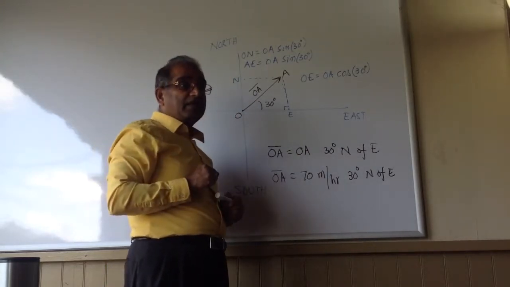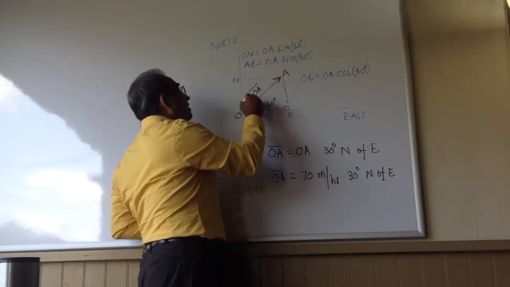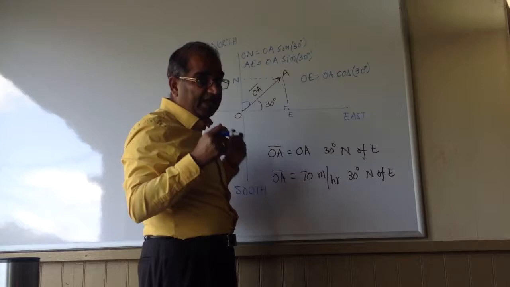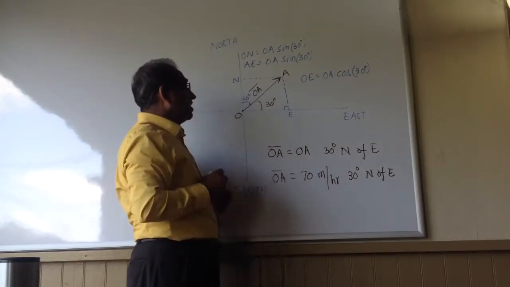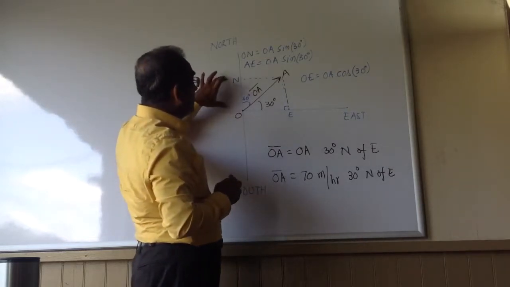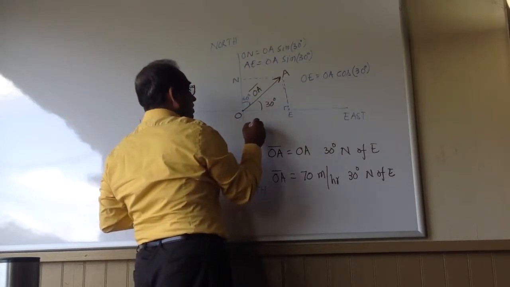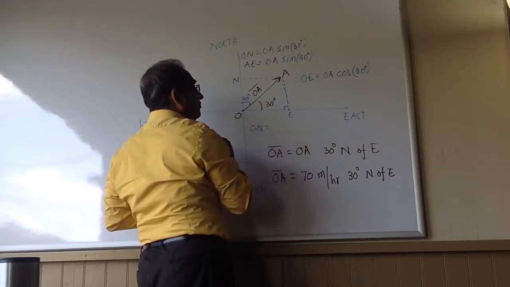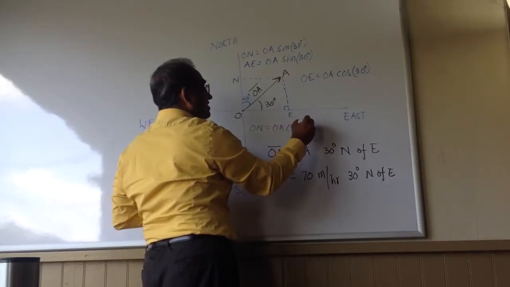Now some of you may think, why can't I take this angle? Yes, you can take it. If I take that, this is 60 degrees. Then under these circumstances, ON equals OA cosine of 60 degrees.